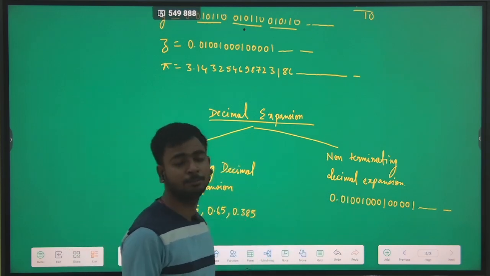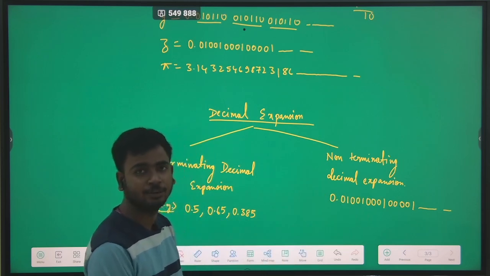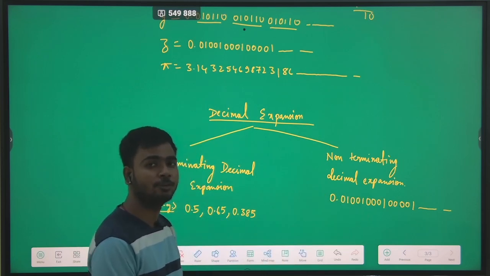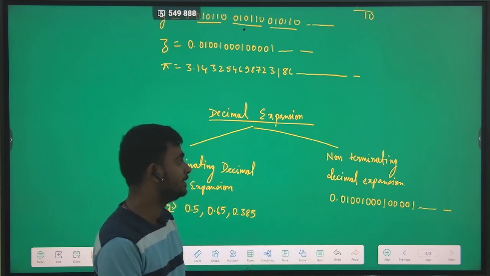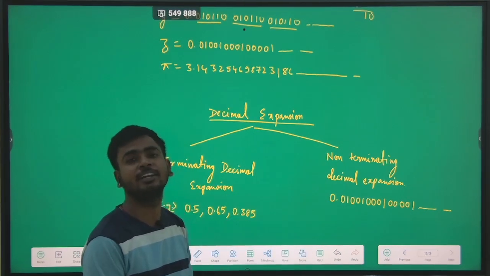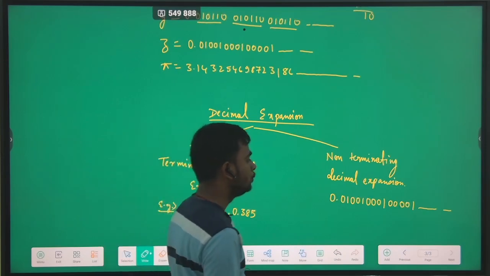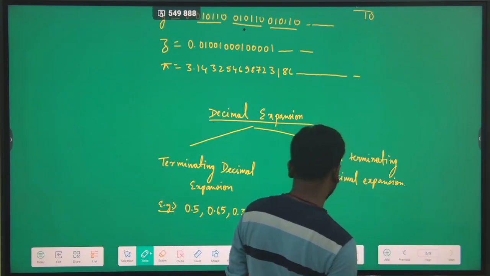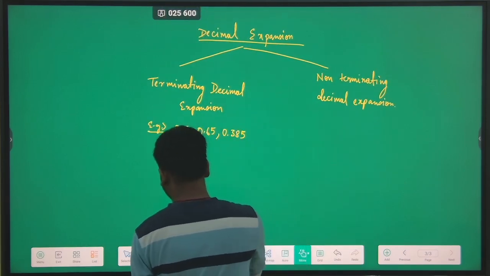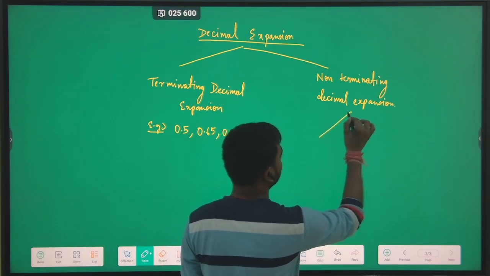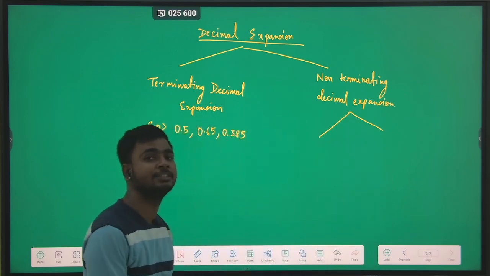Also there are some numbers which are repeating themselves after a certain interval of time from the decimal and are never ending. So these are the cases for non-terminating decimal expansion. So we will get two more types of non-terminating decimal expansion.